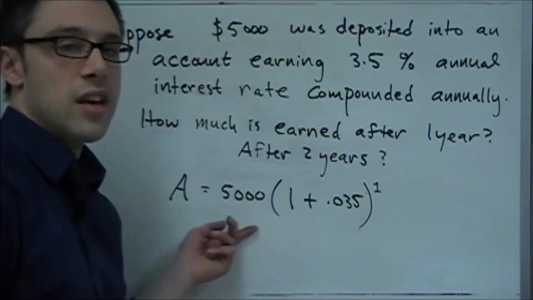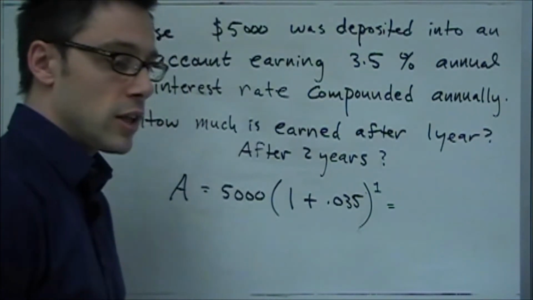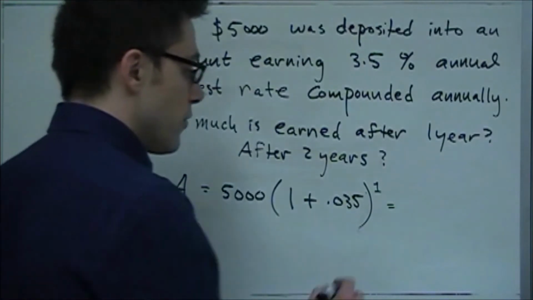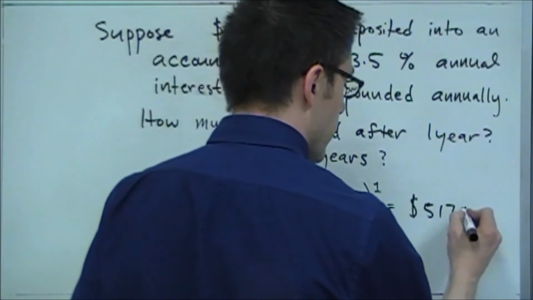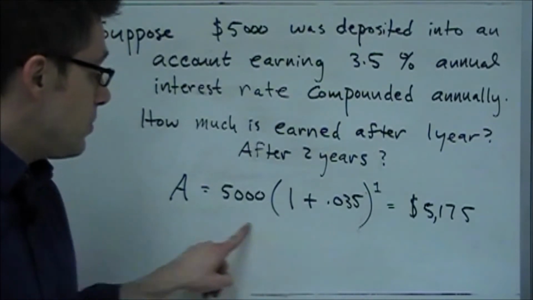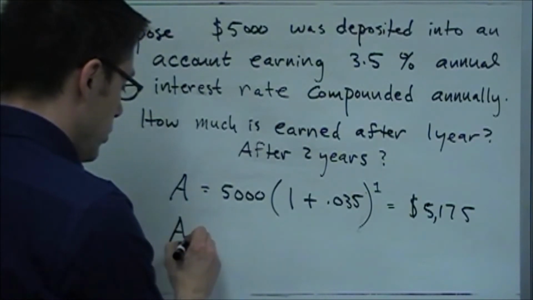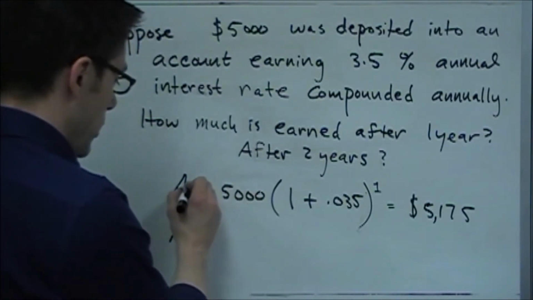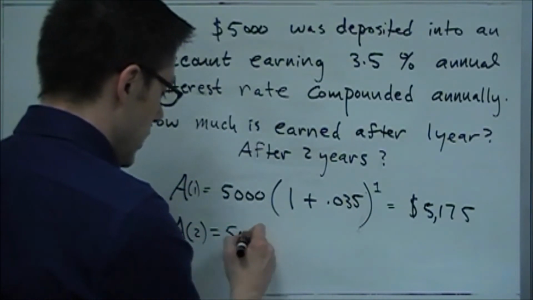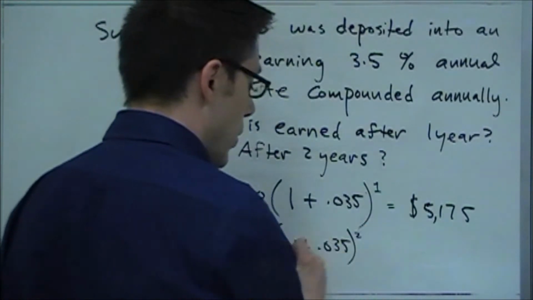This is exactly the same as simple interest if we had it. If you multiply this out, of course all in units of dollars, after 1 year it's $5,175, the same as we talked about with simple interest. But the amount in the account after 2 years is going to be equal to 5,000 again, multiplied by 1 plus 0.035 squared.